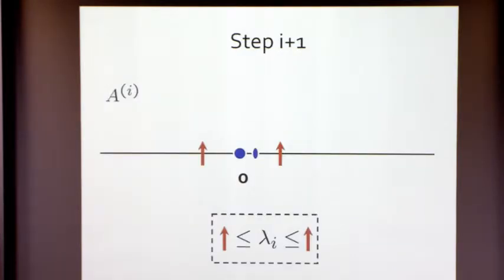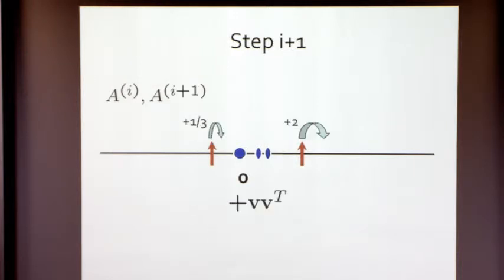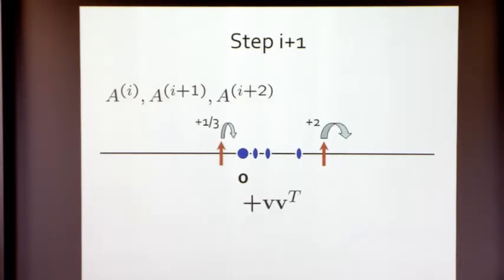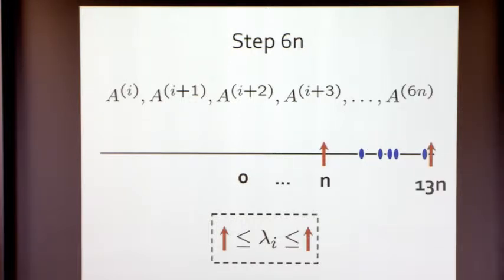And if I can do this, then I get the following situation. So I start at 0. These guys are minus n and n. At every step, I keep the spectrum between these fence posts. And at every step, I choose some vector which allows me to maintain this invariant, to move these guys by 1/3 and by 2. And I will keep doing this for a bunch of steps, right? And what happens eventually is after 6n steps, the lower barrier is going to be at n, and the upper barrier is going to be at 13n.